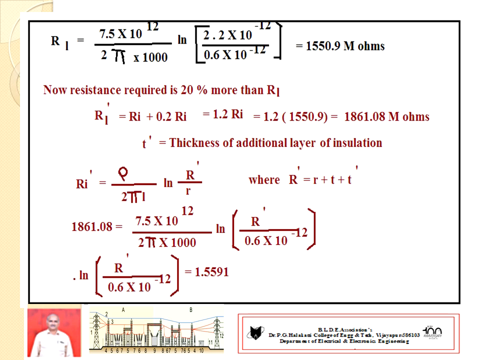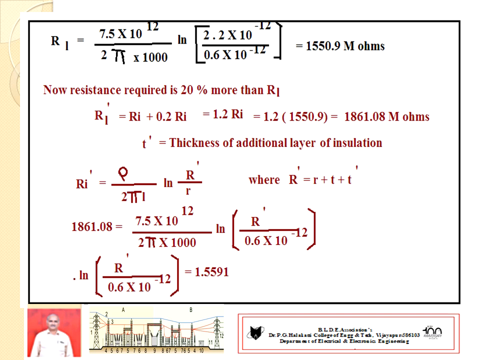So R1 equal to, you substitute all the values, we are going to get as 1550 mega ohms. Now the resistance is increased by 20% more than R1. So R1 is your first case. Second case, the insulation resistance should be increased by 20%.